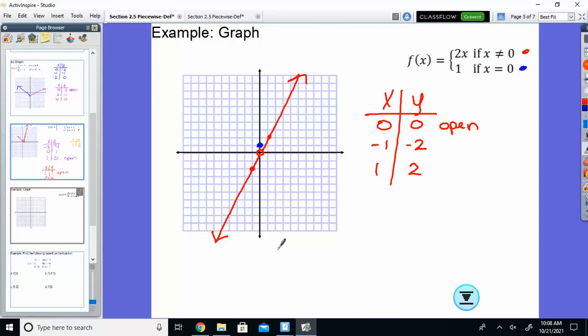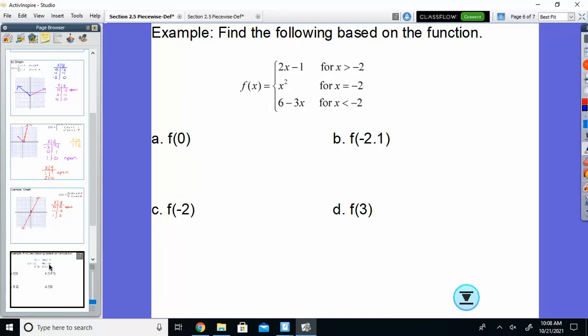The next slide, I'm asking you to evaluate some things, but I didn't have you draw a graph. So we could draw the whole graph to evaluate it, but if I'm asking you to plug in, how many answers should you get out, first of all, if it's a function? We have 3 pieces, but can 0 fit into all three of those?